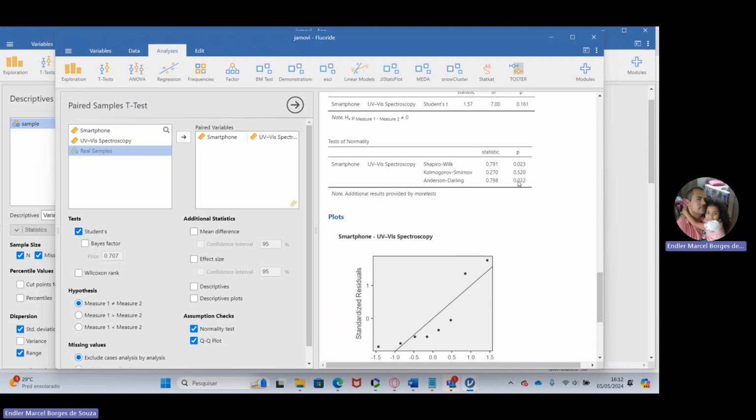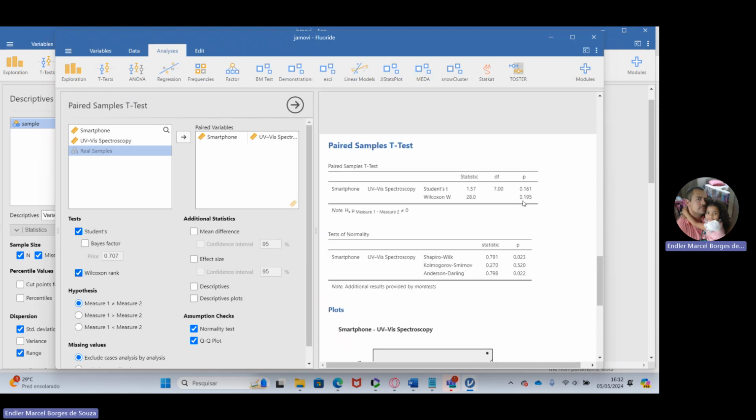So the best option for us in this circumstance is the Wilcoxon rank test, because our data was not normally distributed. We can do both the parametric and the non-parametric tests. And both tests said that the two methods provided equivalent results.